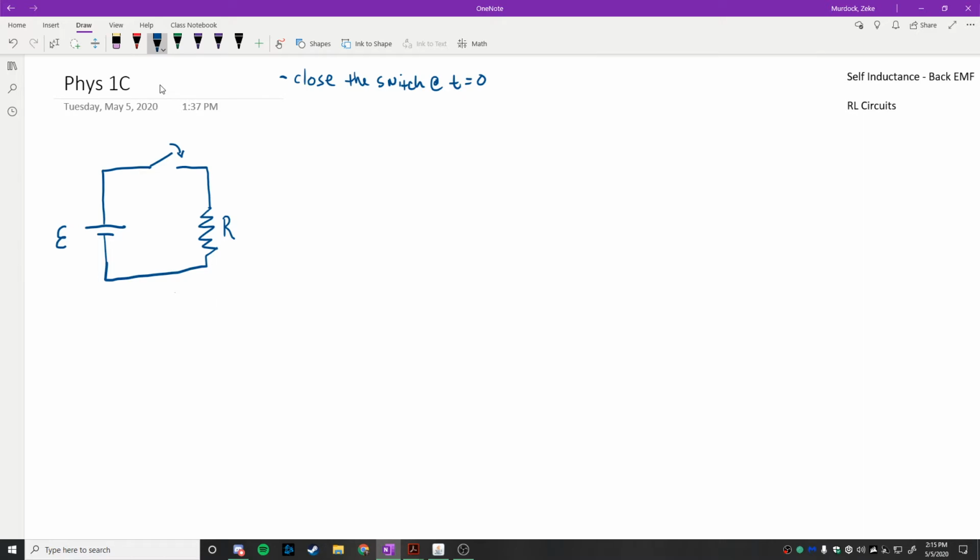We learned in the last chapter that whenever you have a loop of wire and there's current increasing inside that wire, it has the effect of affecting magnetic flux through a loop, right? So let's go ahead and close the switch and talk about what's going to happen here.